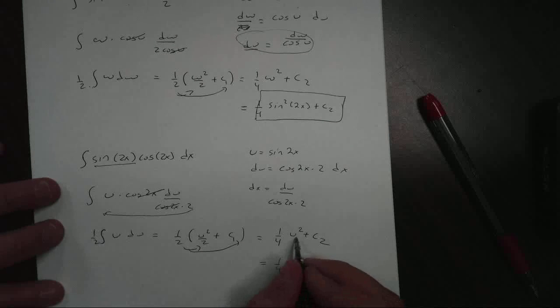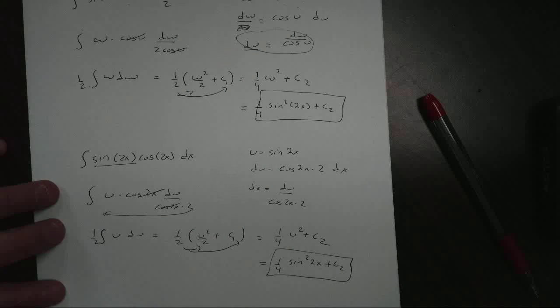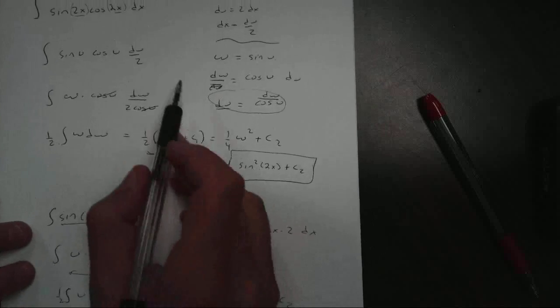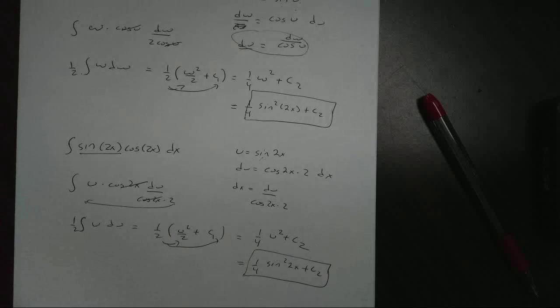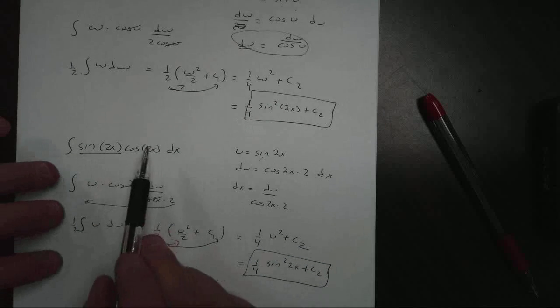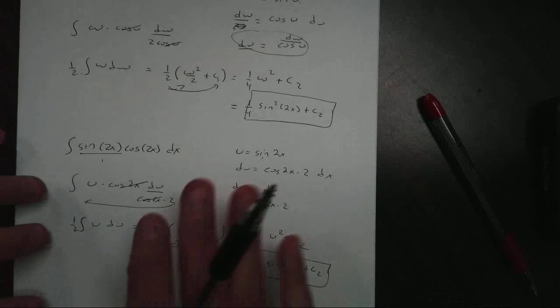Or 1/4, what's u? Sine squared of 2x plus c2. So I get the same answer, just a little quicker this way. Both methods work. Either way's fine. But just like I said, the more you know, the faster these can go.